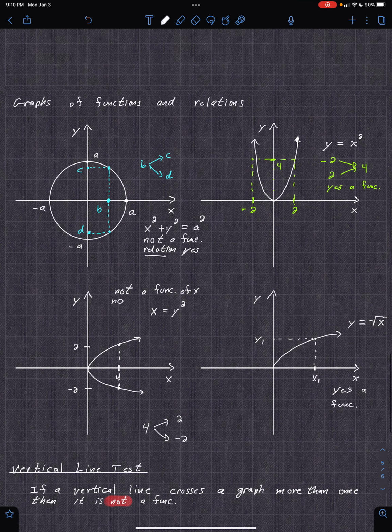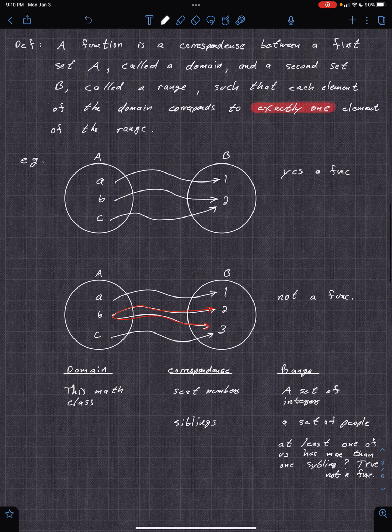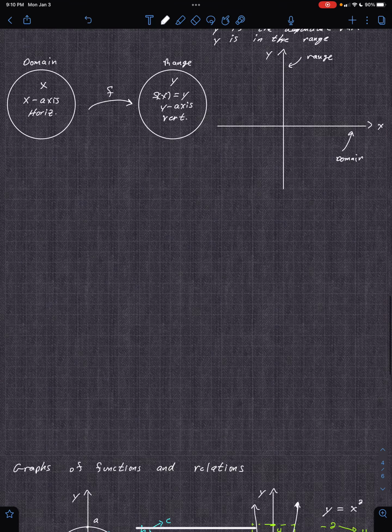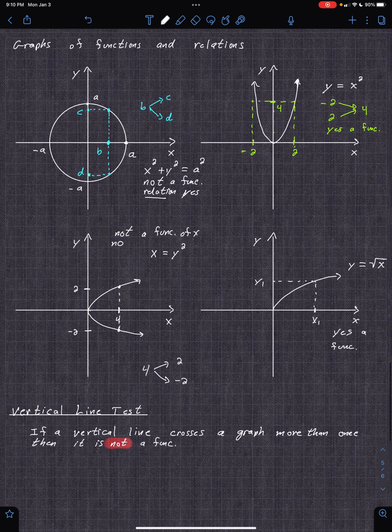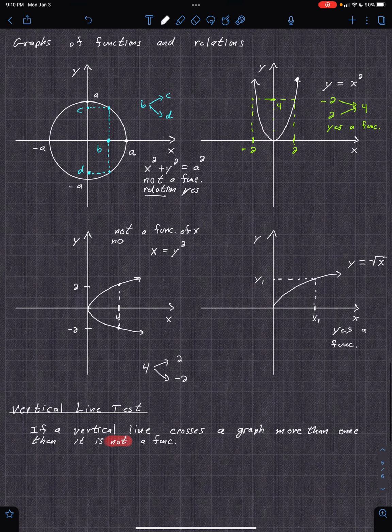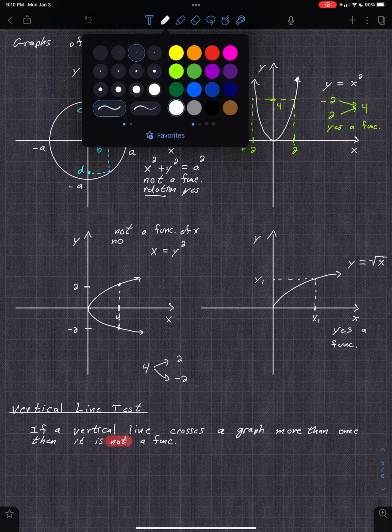Let's continue, going back to 2.3 functions and relations. So going back to these questions, another way to determine if these graphs are functions is by using the vertical line test.